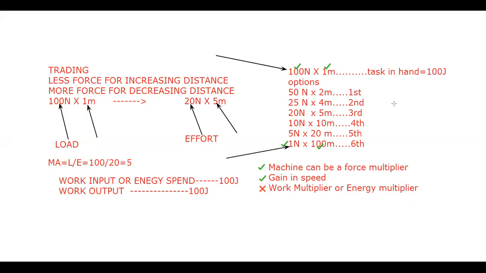My machine can be a force multiplier, can be a gain in speed, but my machine can never be an energy multiplier. Look at the input energy and look at the output energy. In both the cases, the input energy and the output energy are still the same, whereas I am getting the advantage of force. As I am getting the advantage of force, I am losing on distance.